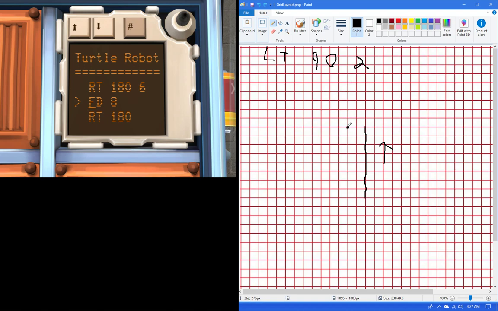So here's my center, and here's where my endpoint would be. So LT 90 2 would be going to the left of the circle, and our new facing direction will be going this way. So if we go forward 3, we go forward 3 like this.